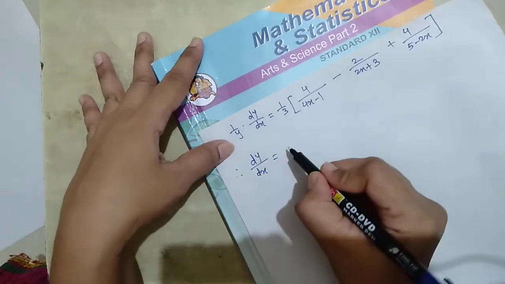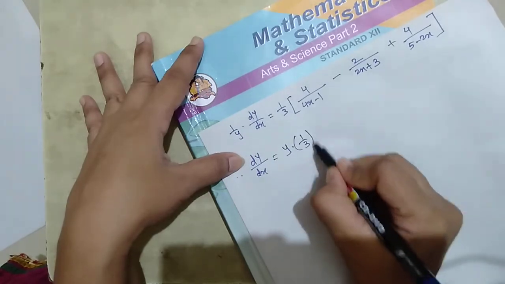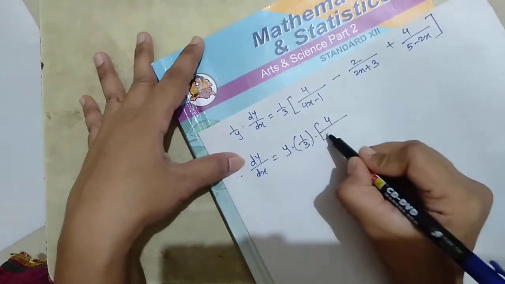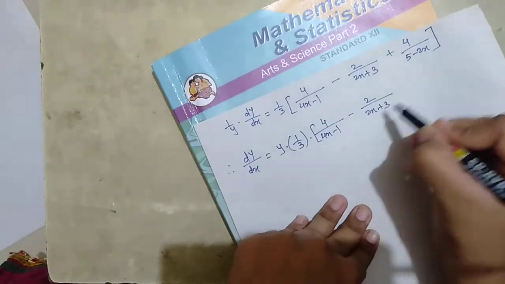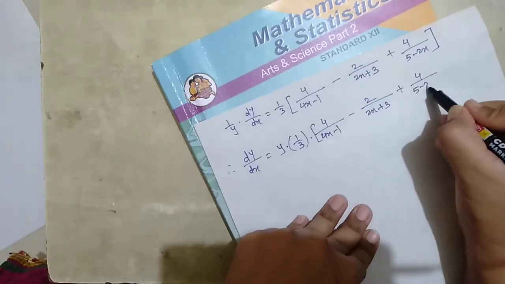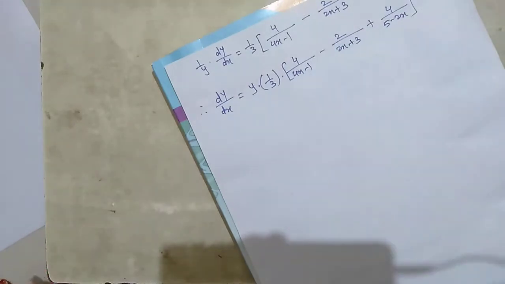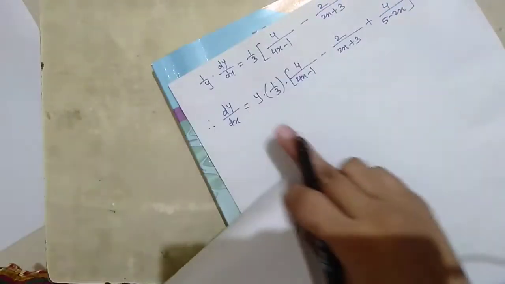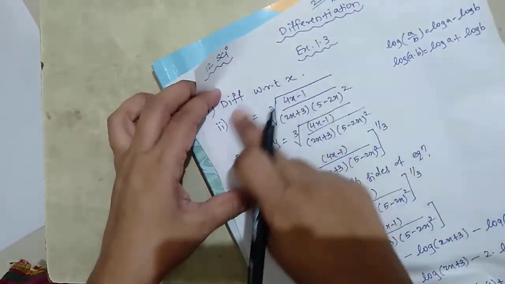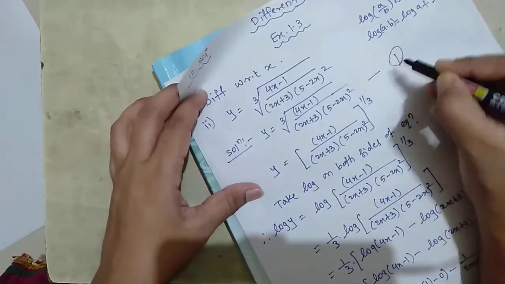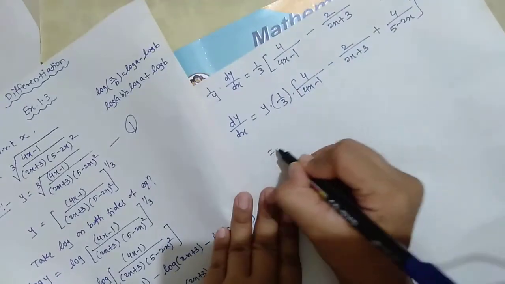Hence, what is dy by dx? dy by dx is equal to, take this y on the RHS, so it is y into 1 by 3 times 4 upon 4x minus 1, minus 2 upon 2x plus 3, plus 4 divided by 5 minus 2x. But as we know, the RHS for dy by dx should come in the form of x. So what is the value of y? We will put this value of y from the first step of our solution, let this be equation 1.